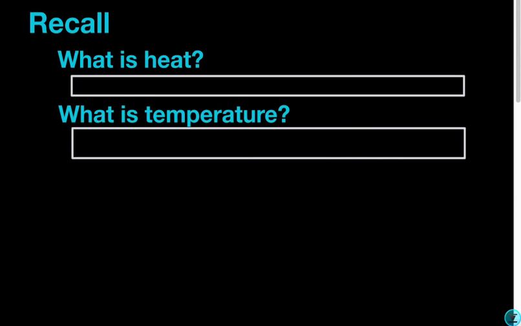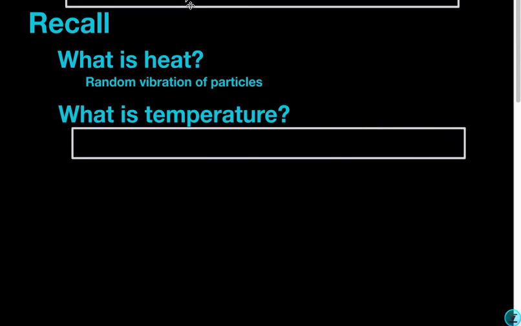Now we've got to think about what is heat, what is temperature anyways. Go back to your notes, remind yourself, what is heat? It's random vibration of particles. Remember, all particles, all atoms are vibrating around. Heat is that random vibration. Okay, so what is temperature then?